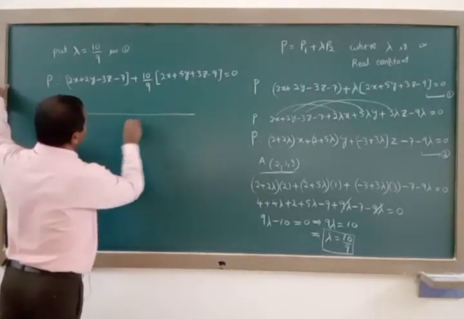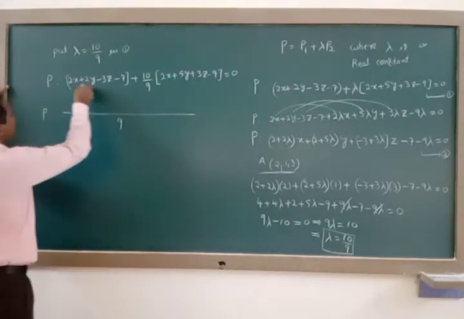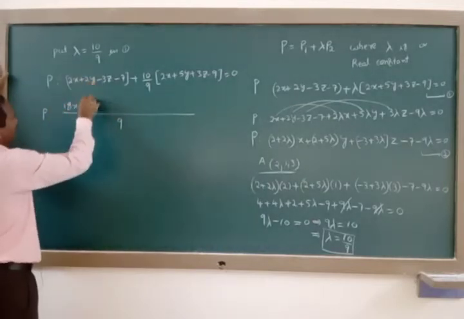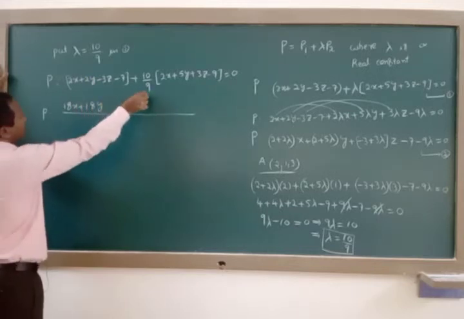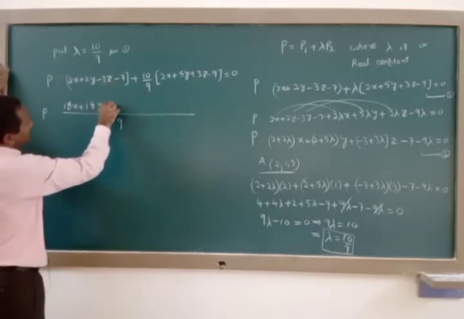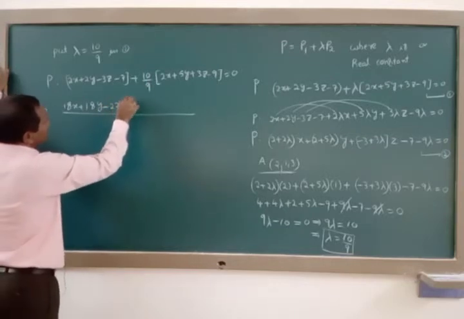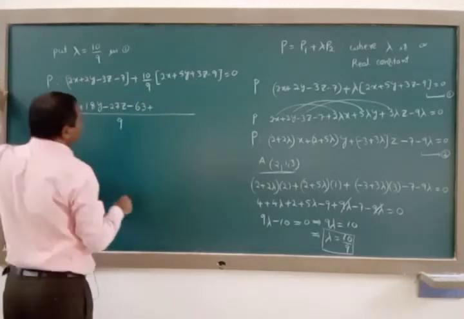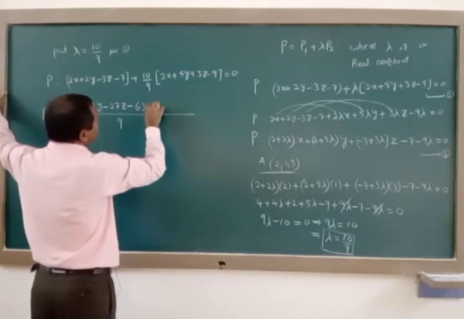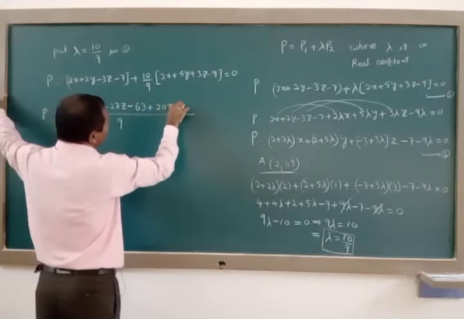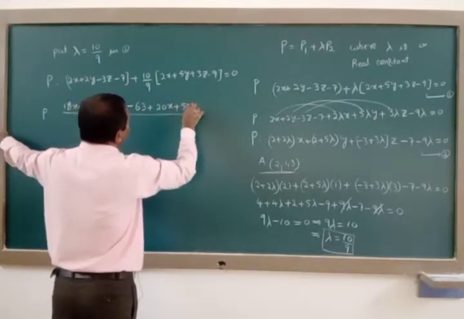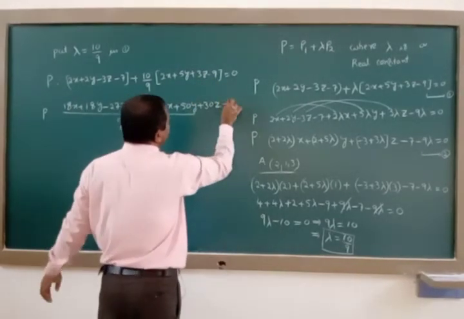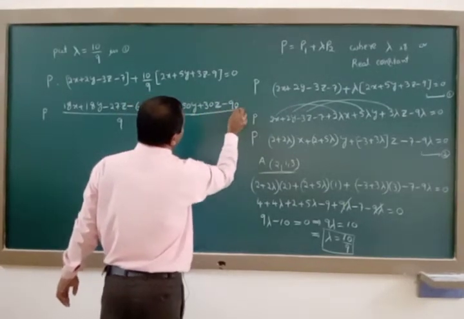Taking the cross multiplication like this: 9 times 2 is 18x, next 9 times 2 is 18y, next 9 into minus 3z is minus 27z, 9 into minus 7 is minus 63, plus multiply with 10 all these four terms: 10 times 2 is 20x, 10 times 5 is 50y, 10 times 3 is 30z, 10 into minus 9 is minus 90, is equal to 0.